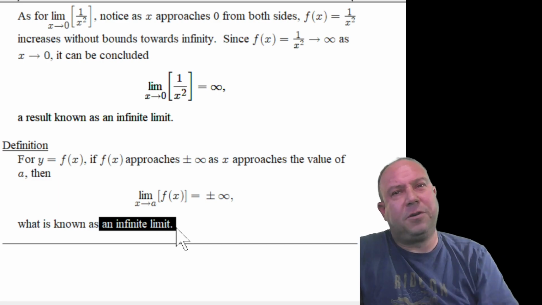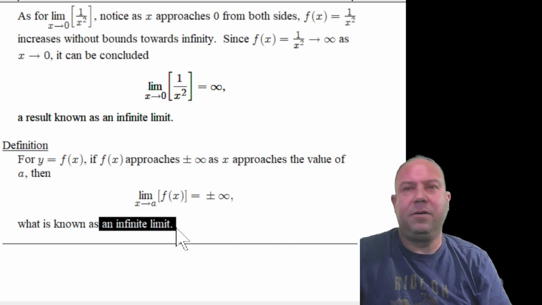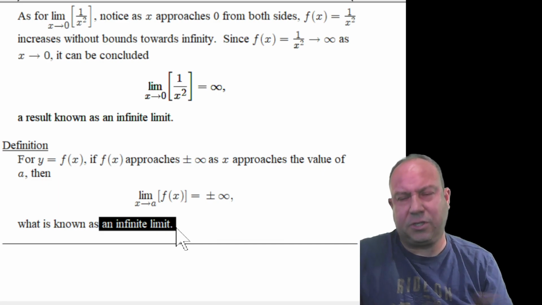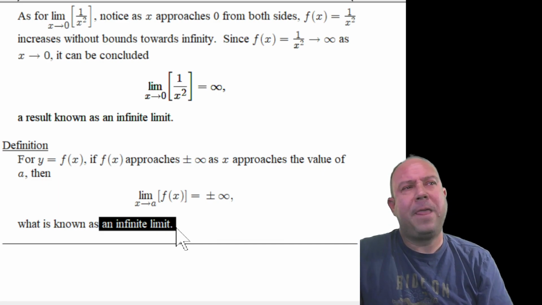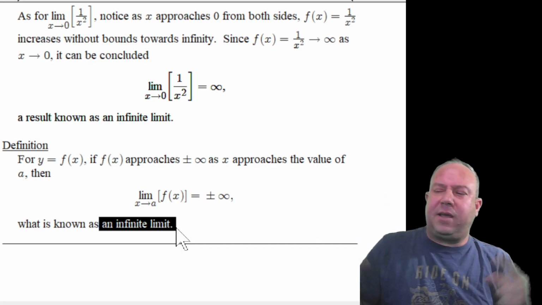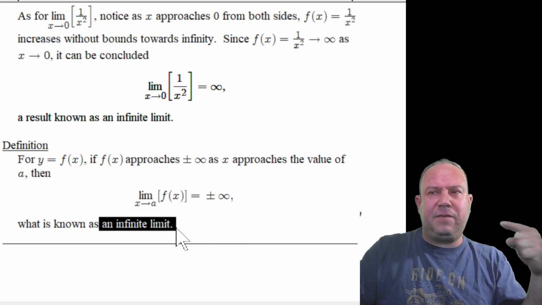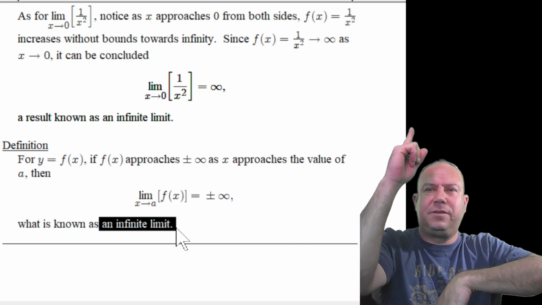Otherwise, it wouldn't be functional, right? It wouldn't be a functional behavior. We wouldn't be discussing that behavior in this example. This is for a function, right? And from the left and right, you don't have an infinite limit if they go opposite directions.